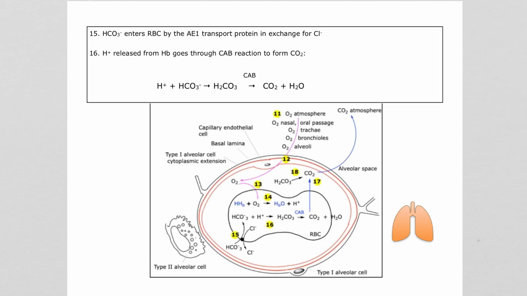Bicarbonate is brought into the red blood cell by the AE1 transport protein, and this bicarbonate will then react with the protons that are released when oxygen binds hemoglobin, and this will cause the formation of carbonic acid, which will then break down into carbon dioxide and water. This reaction is catalyzed once again by carbonic anhydrase.